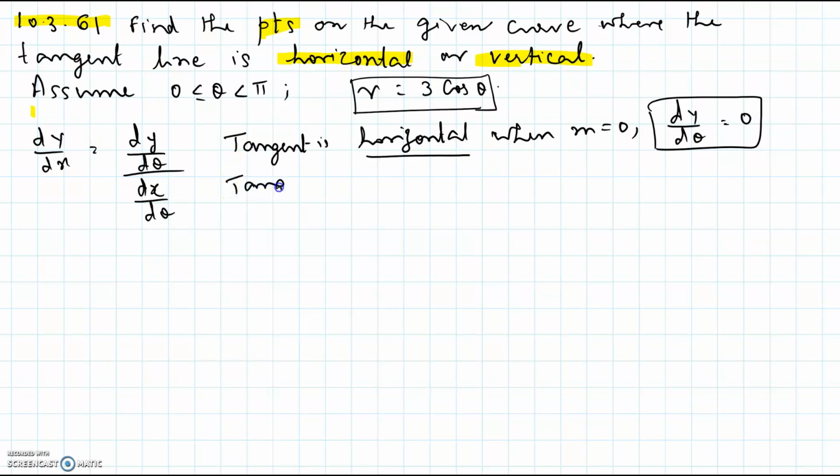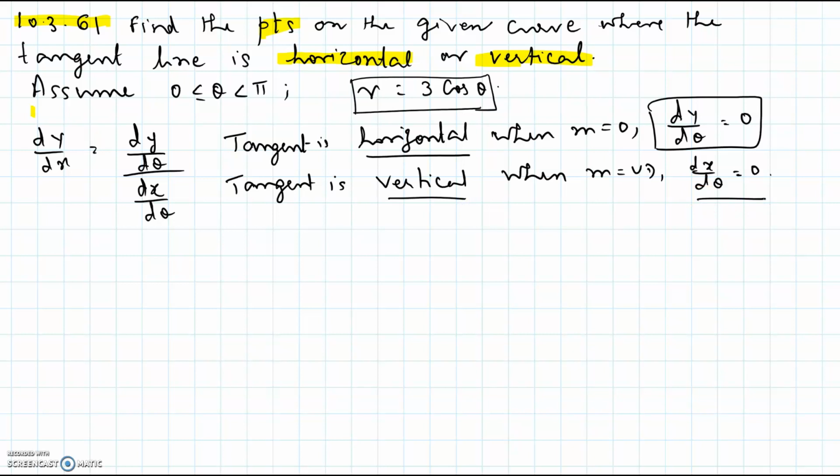The tangent is vertical when the denominator is undefined, or when m is undefined, or when dx by d theta equals 0, without the numerator being 0.